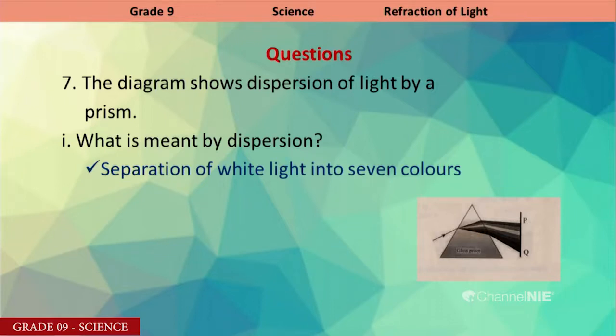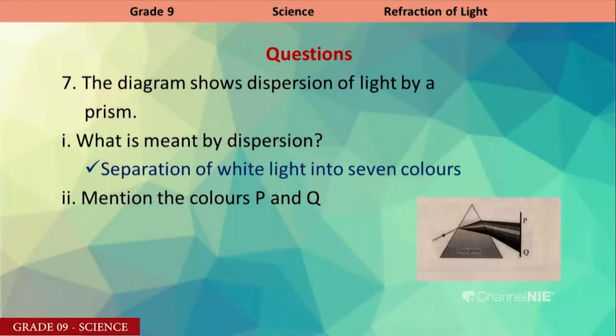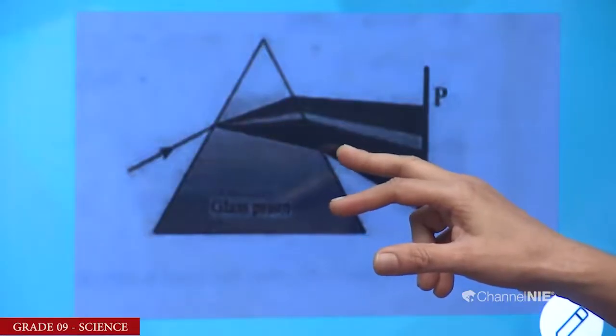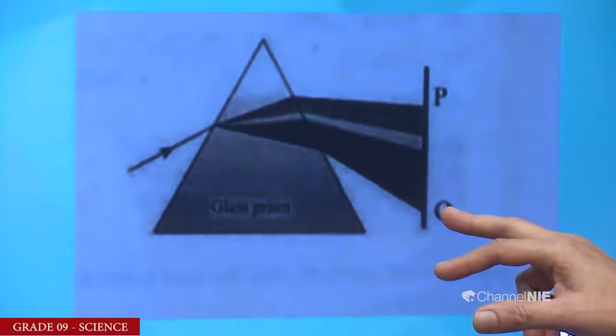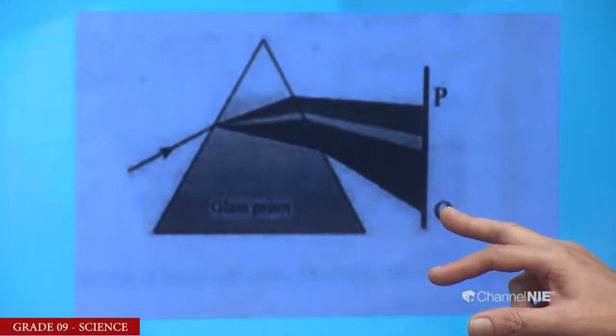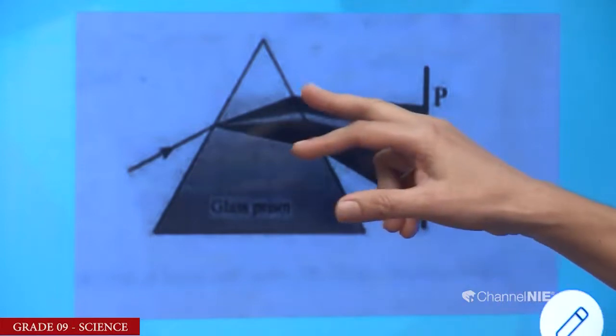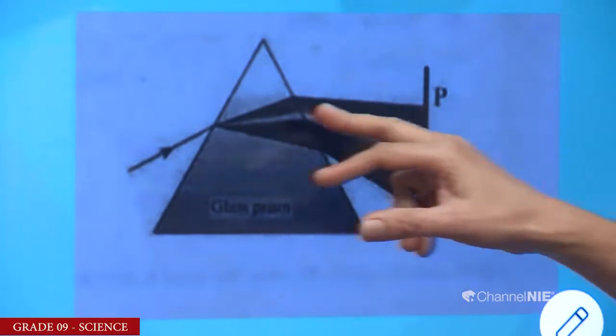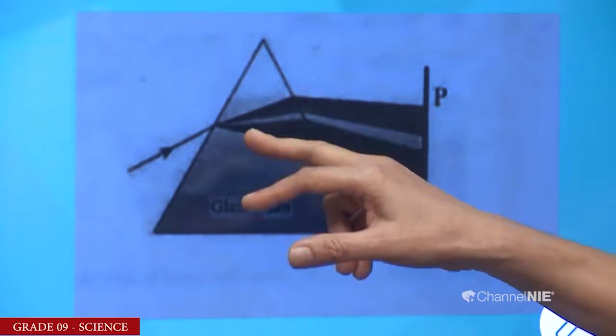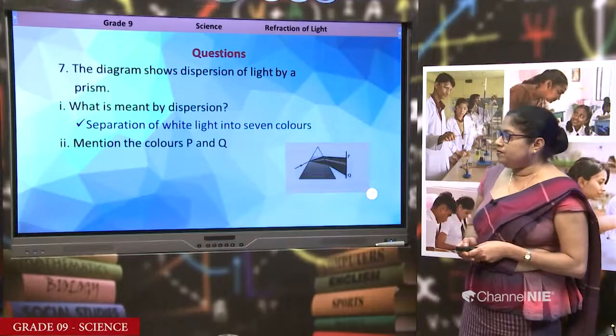Dispersion is separation of white light into 7 colors, and you are asked to name the colors P and Q. As I told you earlier, this is the color Q. What is Q? Q is violet and P is red. Red is refracted less and violet is refracted more.